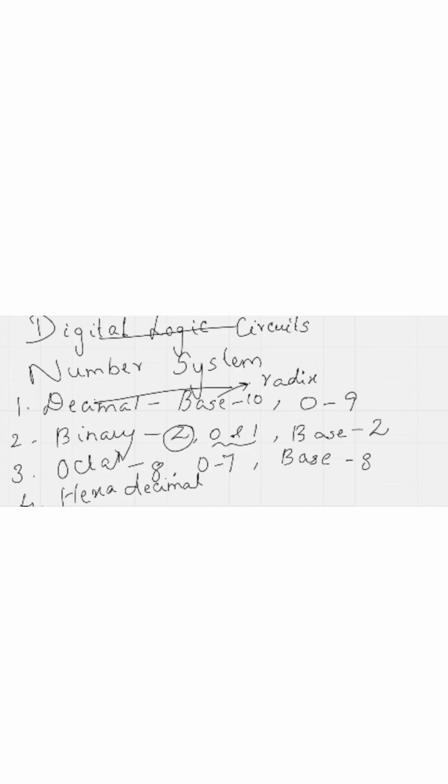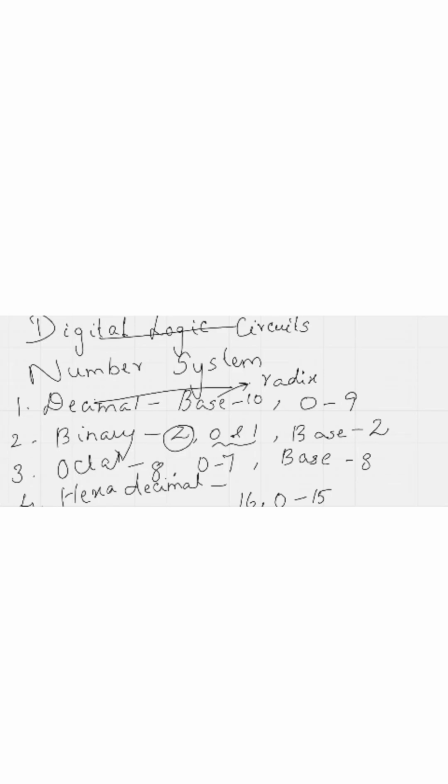And the hexadecimal number system. This is the fourth and last number system that we are going to study. The hexadecimal number system has 16 numbers. If you represent them in decimal, it is 0 to 15.